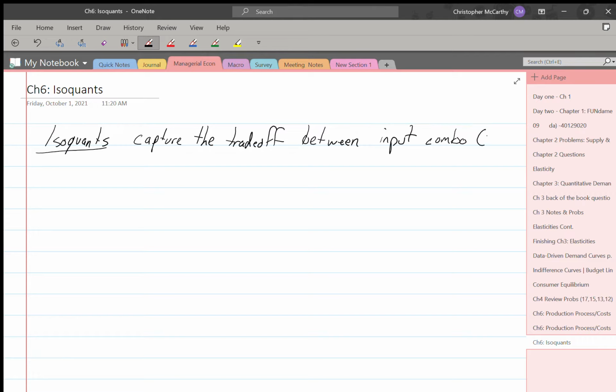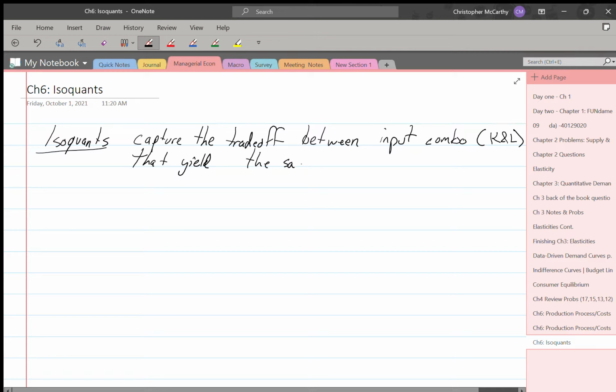So this is almost always capital and labor, but it could be any input, okay? That yield the same output in the long run, when all variables, all inputs are variable.